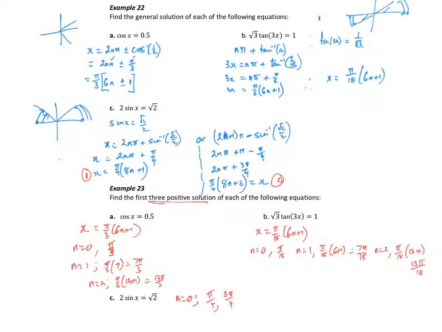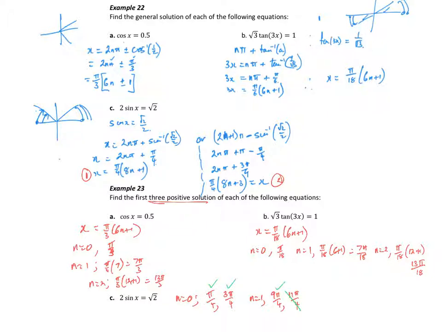Then if I put n equal to 1, from solution 1, I get a plus 1, which is 9, so I get 9 pi on 4. N equal to 1 on solution 2, I get 11 pi on 4. So clearly from there, my first three positive solutions, I stop there at 9 pi on 4.